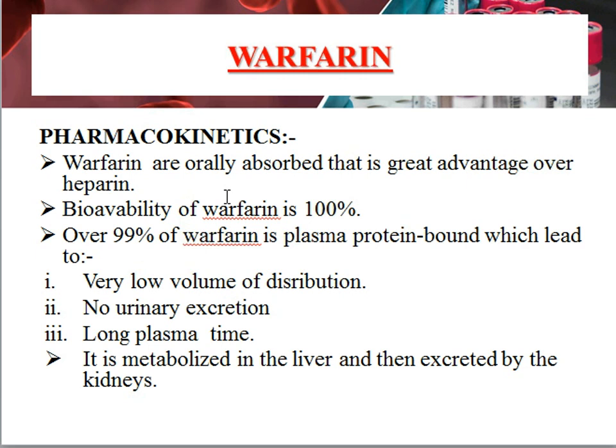Bioavailability is 100%. Over 99% of warfarin is plasma protein bound, which leads to a very low volume of distribution, no urinary excretion, and a long plasma half-life. It is metabolized in the liver and excreted by the kidney.